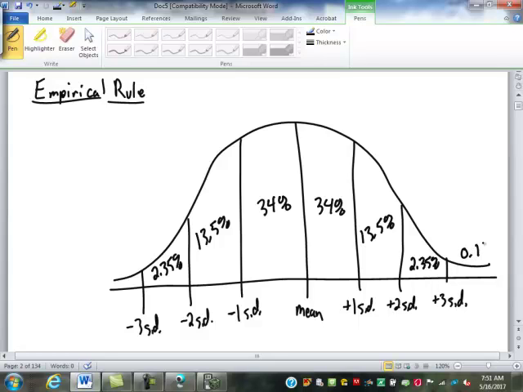And then outside of 3 standard deviations should be 0.15% of the data on each side. As I said, those percents will never change. What changes are the numbers along the bottom of the curve. Let me show you what I mean by that.